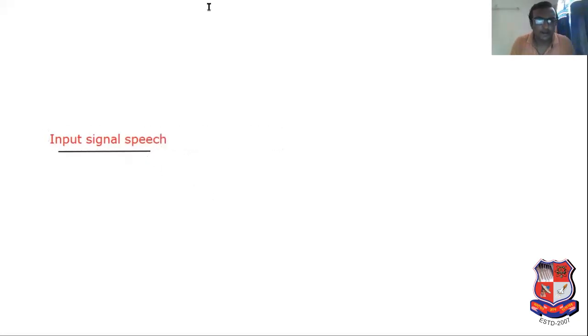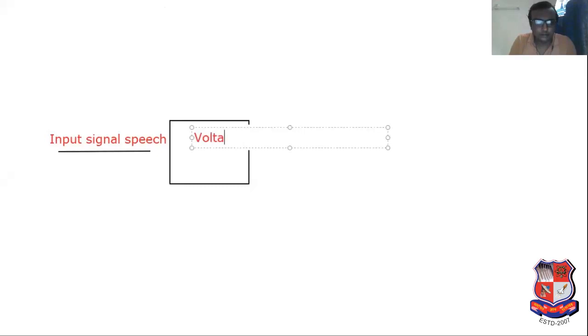Now this speech signal can be applied to the voltage amplifier, and the output of the voltage amplifier can be given to multiple stages of amplifier.